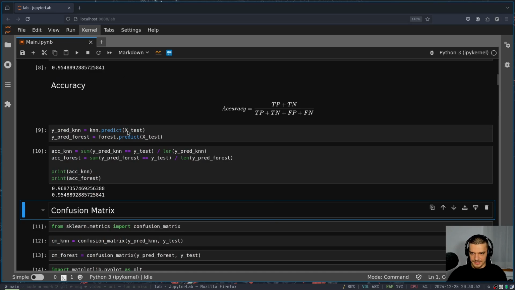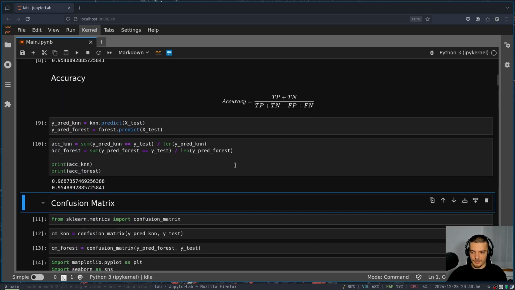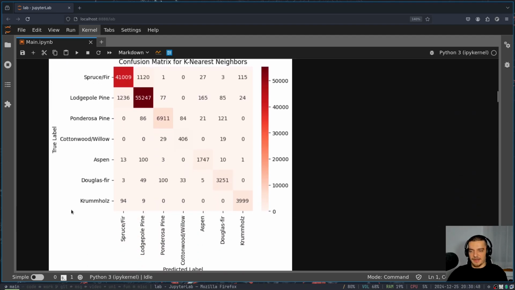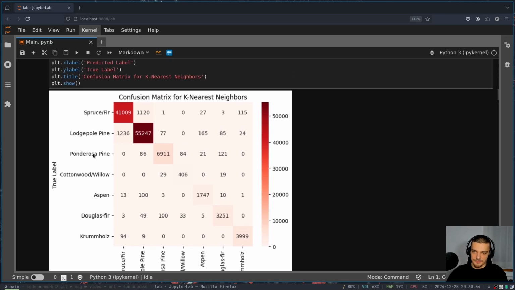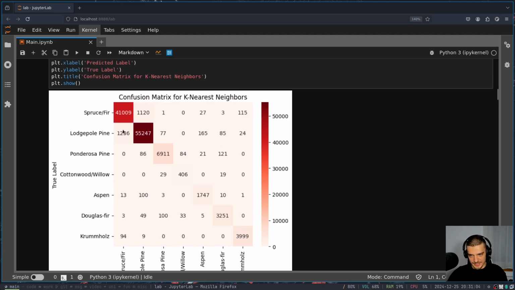In this case the data set we're using is a forest coverage type data set, and basically we have different kinds of trees. What we see here is that, for example, this lodgepole pine is oftentimes misclassified as spruce.